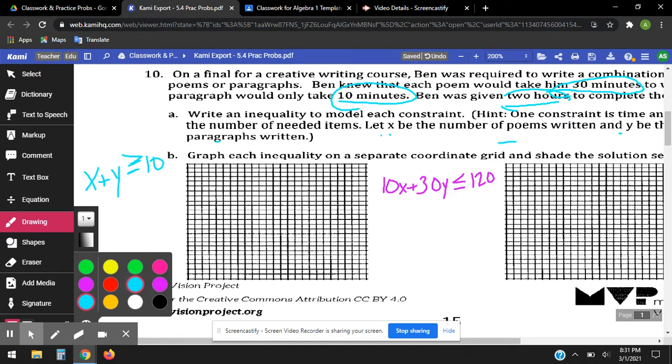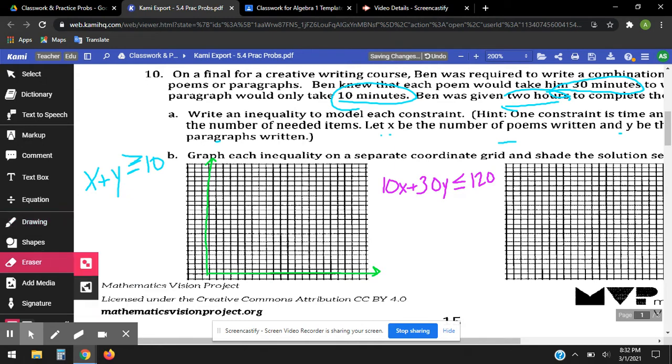So let's do green for our things. We really only want the first quadrant here. Let's fix this one. Okay, so x plus y equals 10.